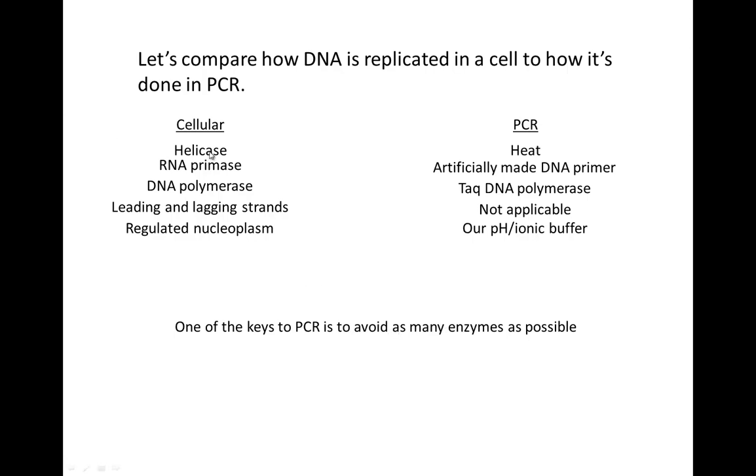Here, helicase, RNA primase, DNA polymerase, add in the replacing of the RNA primer and the ligase, and you've got half a dozen different enzymes that the cell uses. In PCR, we've winnowed that down to one enzyme, the DNA polymerase, and we found a particularly hardy form of that polymerase that we can use.